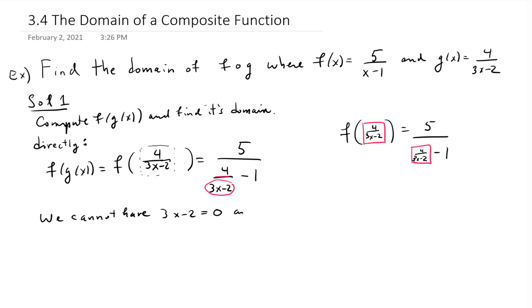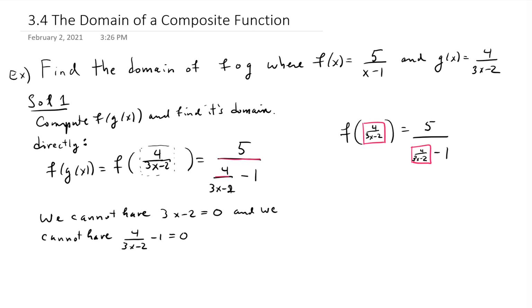And there's something else. There's a second division symbol, so what's underneath it, which is all of this, cannot be equal to 0. So that means that 4 over 3x minus 2 minus 1, we cannot have this equal to 0.